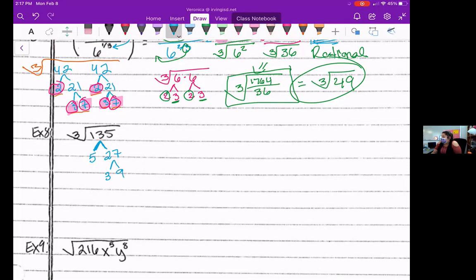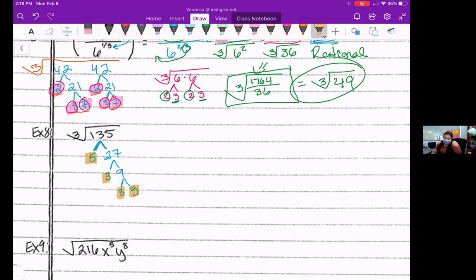Can I keep going? Brian, pick your head up. What is 9? 3 times 3. So the numbers I'm looking at are the ones that don't have any branches coming out of them, right? So 5, 3, 3, and 3. Do I have enough groups of a number to take out?